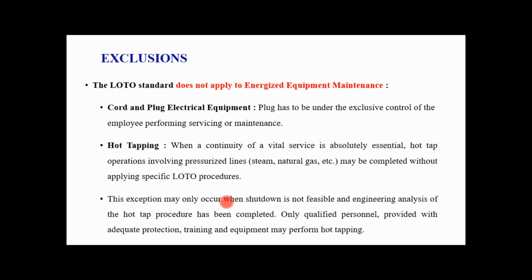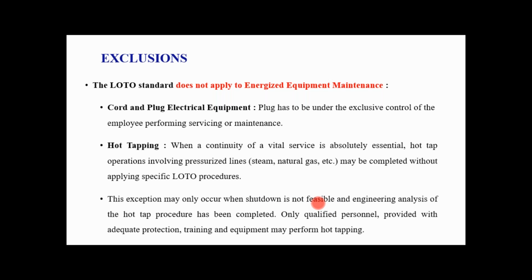These exceptions may only occur when shutdown is not feasible and engineering analysis of the hot tap procedures has been completed. Whenever shutdown is not feasible, because when we say that the LOTO system has to be applied, it means we are cutting off the energy source.